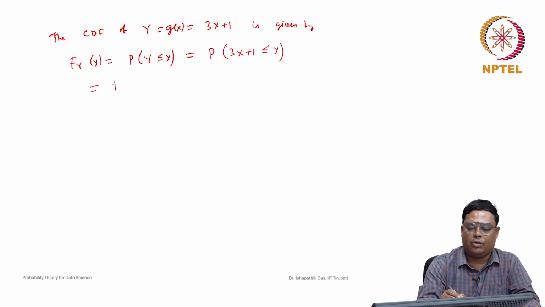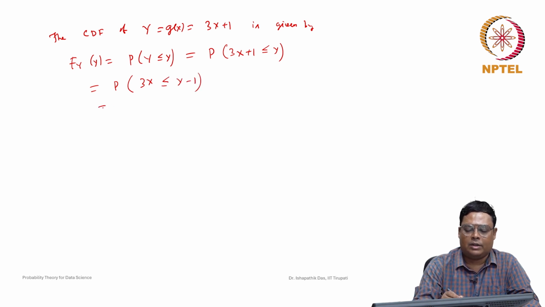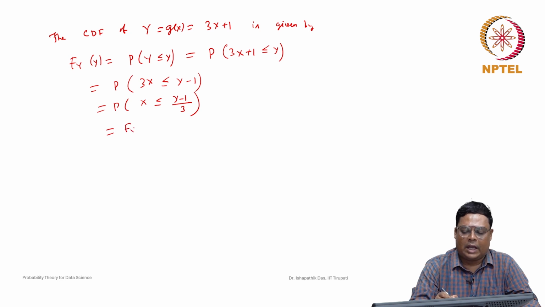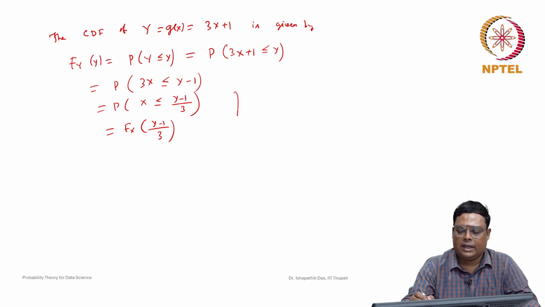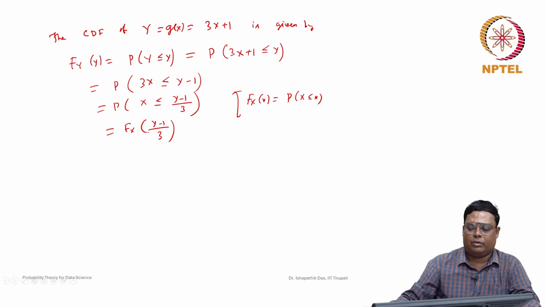If you subtract 1, the inequality is 3X less than or equal to y minus 1. Now if you divide by 3, X is less than or equal to (y minus 1) by 3. As discussed earlier, this is F_X of (y minus 1) by 3, because F_X(x) is defined by the probability that X is less than or equal to small x. If you put small x as (y minus 1) by 3, then we get F_X of (y minus 1) by 3.